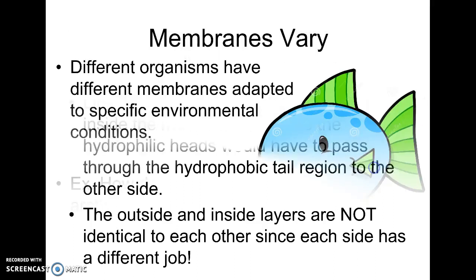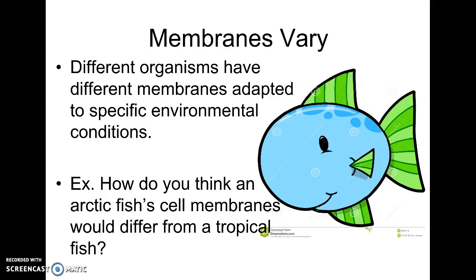Okay. So, even within different organisms, certain foods are higher in cholesterol than others. One of the reasons why certain organisms may be higher in cholesterol may have to do with where they live. Remember, cholesterol helps keep the membrane fluid at low temperatures. So it's possible that fish that naturally live in a very cold environment may be higher in cholesterol than other fish that naturally live in tropical environments.